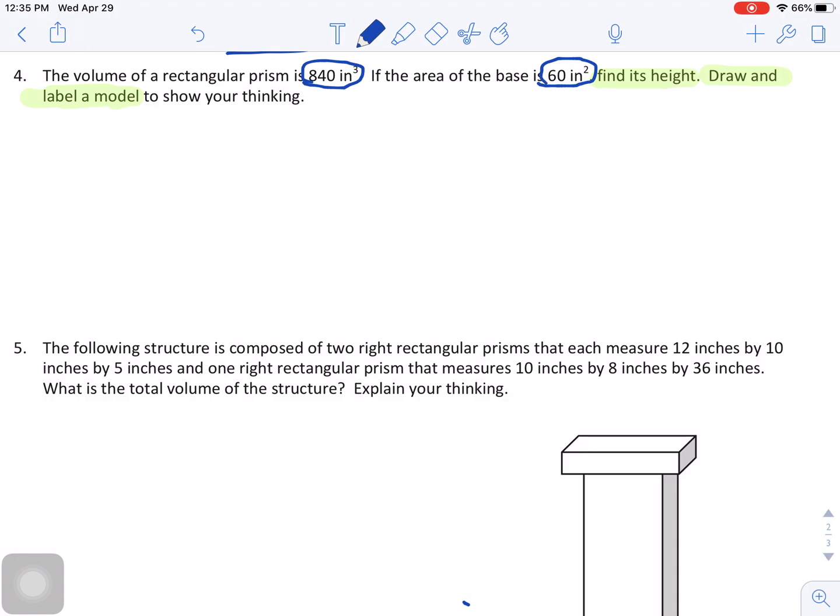Okay. So first, I'm going to draw my rectangle. Try and match this up as good as I can. And when you guys are doing this on paper, you don't have the luxury of having these little straight lines like this.